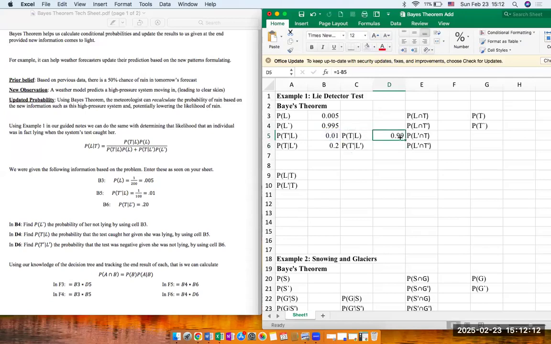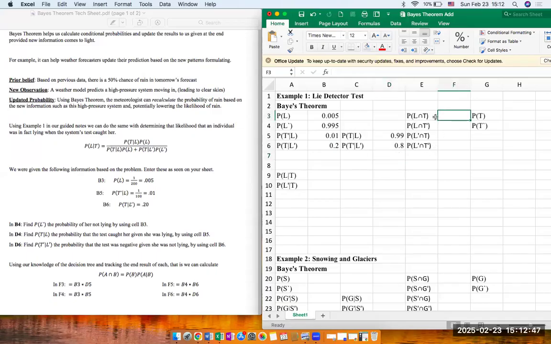You should be noticing that these values we have seen in your previous guided notes. And lastly, in D6, find the likelihood of us not lying and not getting a negative test result. So we didn't get caught. Well, obviously we didn't lie, therefore we didn't get caught, so subtracting one from the other. You can see the very slight differences in these alterations: we're not lying but the test caught us, the test didn't, and vice versa.